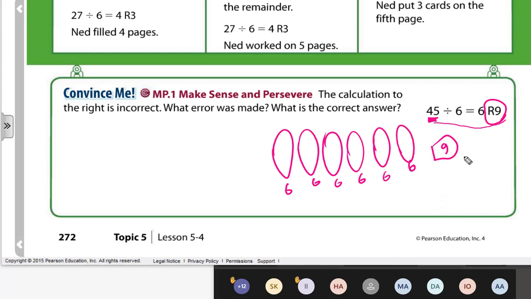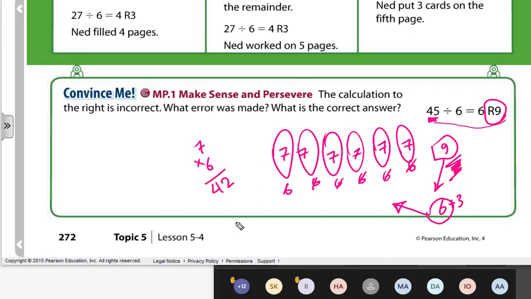Okay, my heroes, do you think this is rational? You have 9 left over. What about if you break the 9 to be 6 plus 3 and take the 6 back to the groups, add 1 to each group, so it will be 7, not 6 in each group. So it will be 7 in each group. And now 7 6s means 7 times 6 is 42.